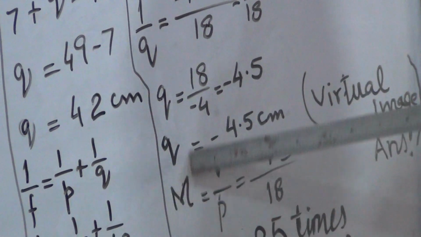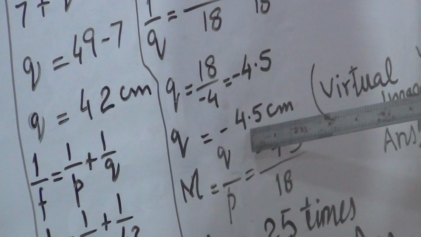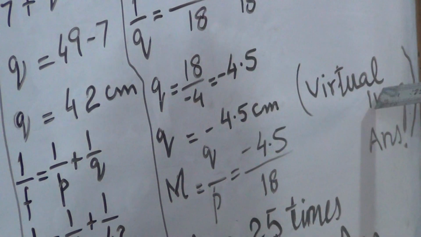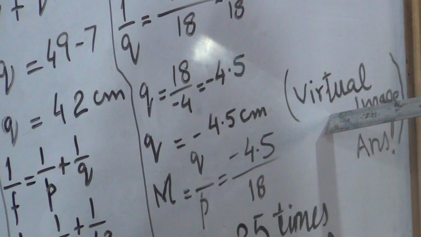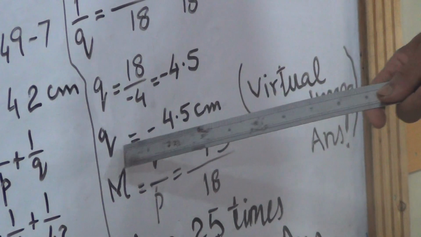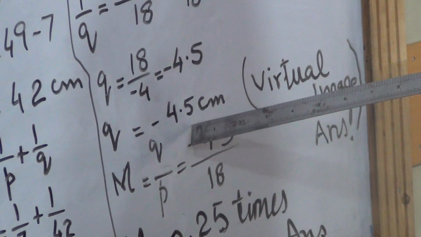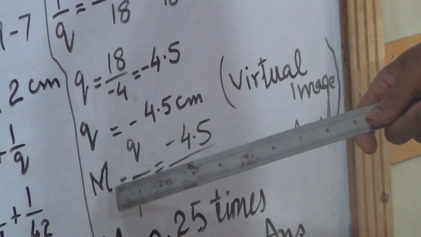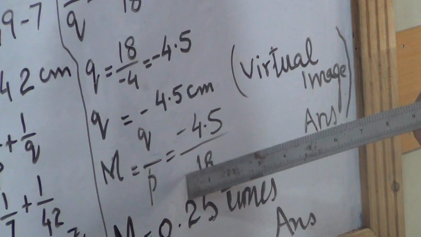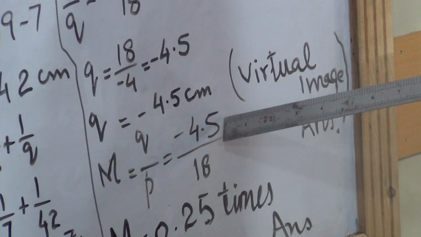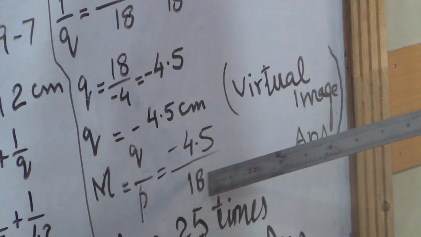If the value of q is minus, then the image is virtual. Image will be virtual and value of q is minus 4.5 centimeter. For the magnification, q upon p is equal to minus 4.5 by 18.